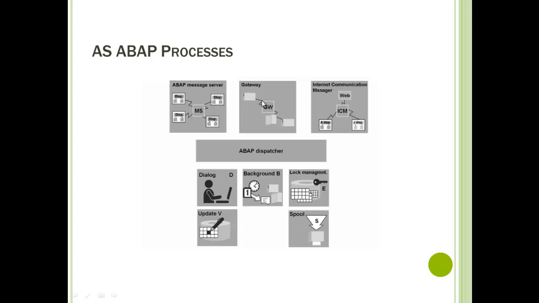Then we have the gateway. Gateway is nothing but an interface between the external environment and the internal SAP system. Okay, so we have an SAP gateway instance. Let's say you want to control all the incoming requests to an SAP system, you can use a gateway instance, so that you can reroute all the requests coming from an external environment to the SAP system using the gateway process.